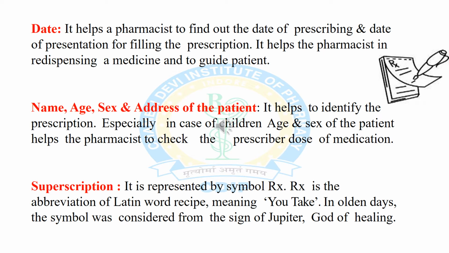So the next part is superscription. Superscription is represented by the symbol Rx. Rx is the abbreviation of the Latin word recipe, meaning you take. In olden days, the symbol was considered to be from the sign of Jupiter, god of healing.